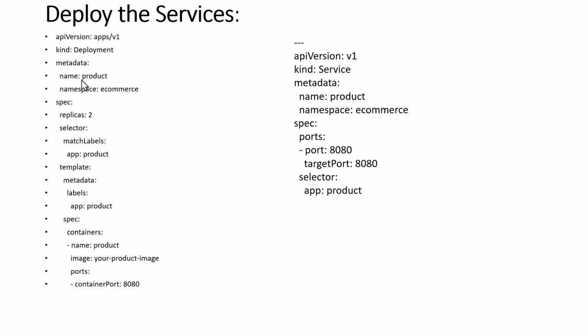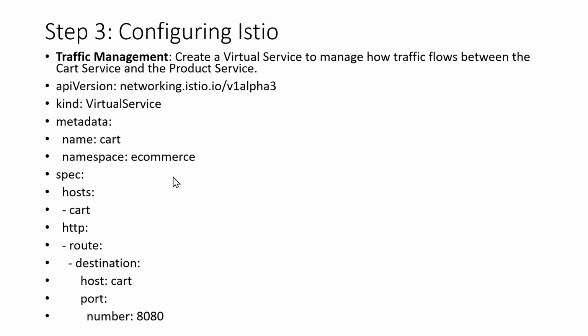Here it has product, now it could be order or cart. Once we have created three different pods along with the containers and the load balancer for each, thereafter we create the network configuration on top of the namespace.